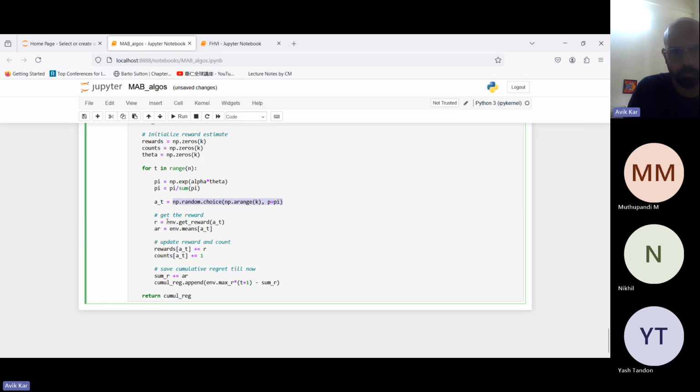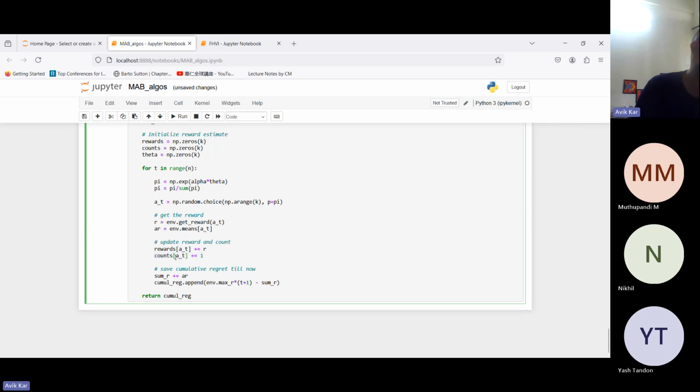Now we get the reward, and this is where we are collecting the reward, summing up the reward, and counting the number of plays we have already done.